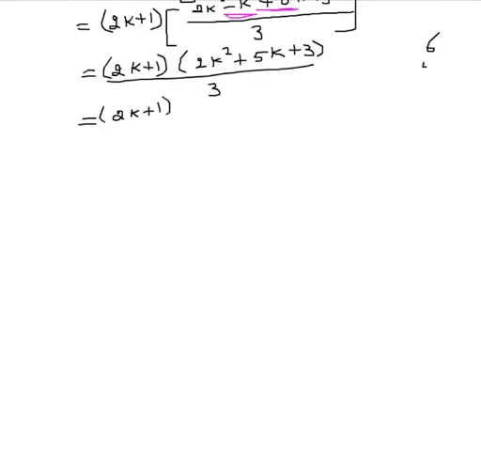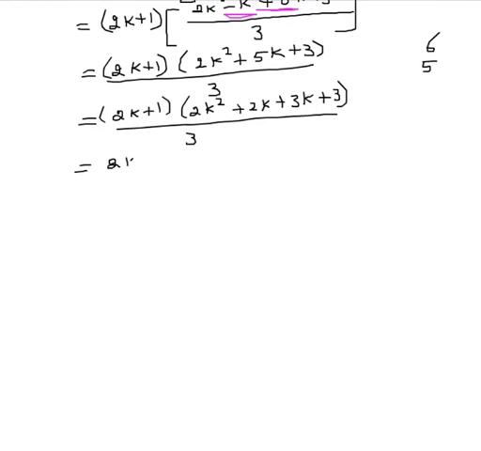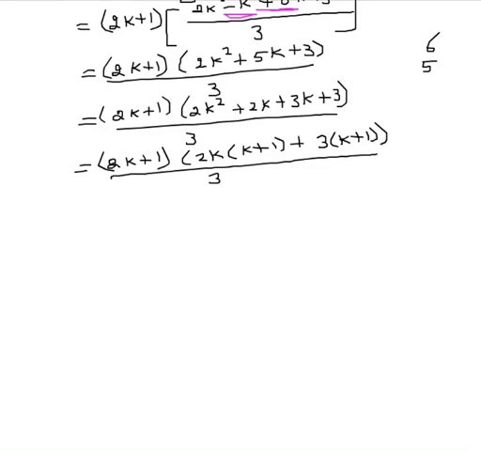Let us factorize and write. Product is 2 3s are 6 and sum should be 5. So let us split the middle term as 2k and 3k. 2 3s are 6 and total is 5. From the first two terms 2k is common, and from the last two terms 3 is common. Two k plus 1.